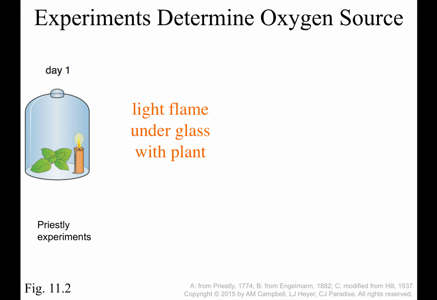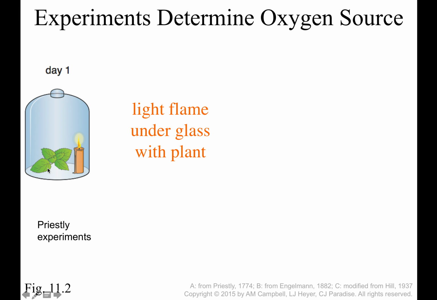And these are experiments done by Priestley, one of the earliest photosynthesis researchers, about the time of the American Revolution. He did an experiment in a jar that was sealed off from the atmosphere.